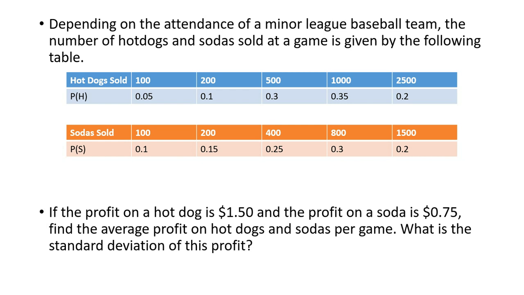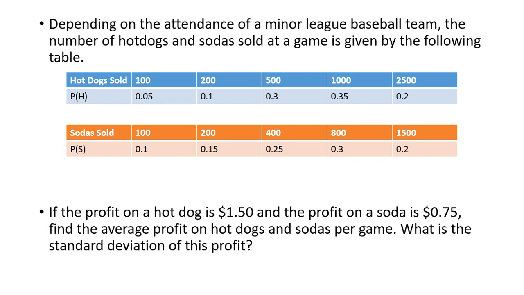Now, we want to know, if the profit for hot dogs is $1.50, so every hot dog they sell, they make $1.50, and for every soda they sell, they make 75 cents. Okay, it's probably reversed in real life, but if that is the profit, we want to know what is the average or expected profit of hot dogs and sodas per game, and then we also want to know the standard deviation of the profit.